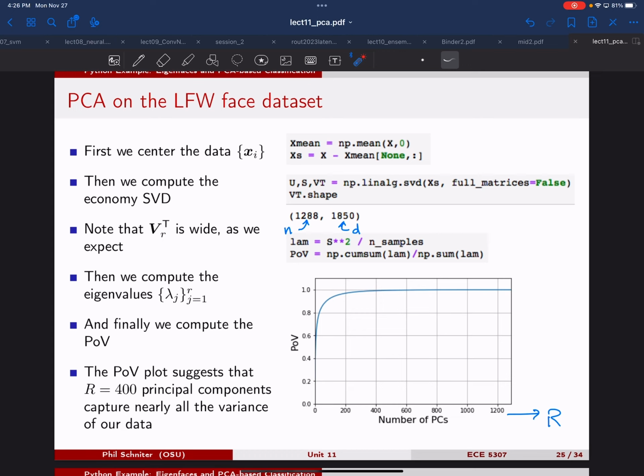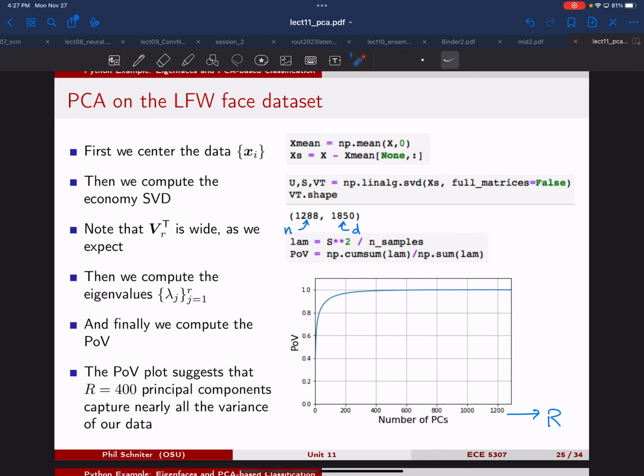Roughly speaking, we can compress by about a factor of 3 without almost any loss in quality. That's a big win. It would mean we can store the data set with a third of the space. We can use this compressed representation to do something like classification, and it would run a lot faster, because the features have been compressed.